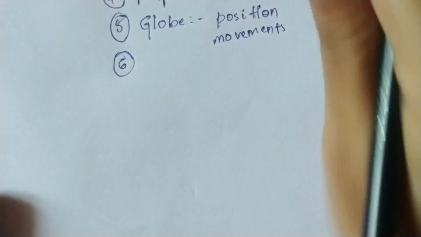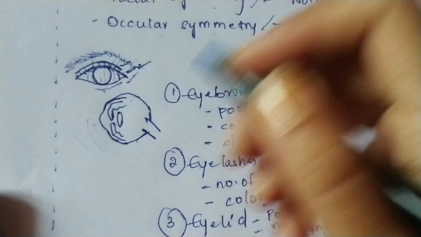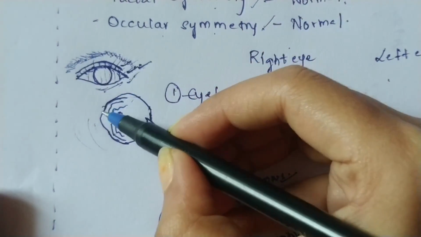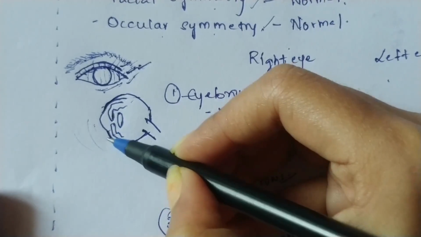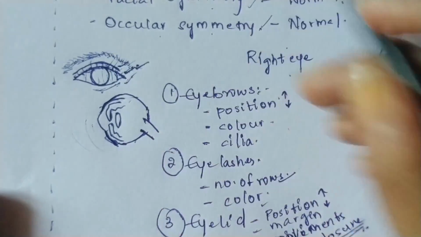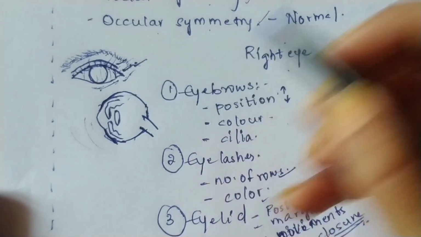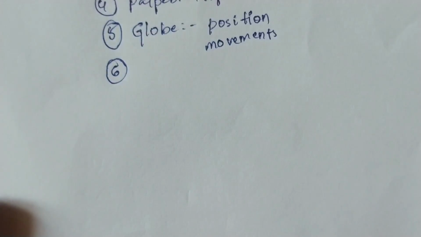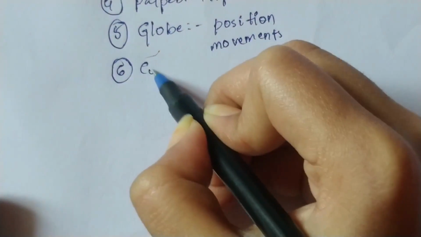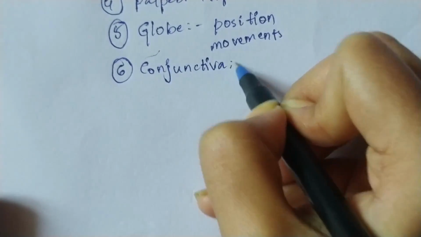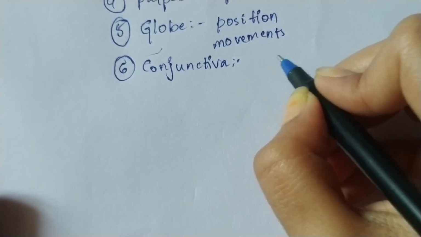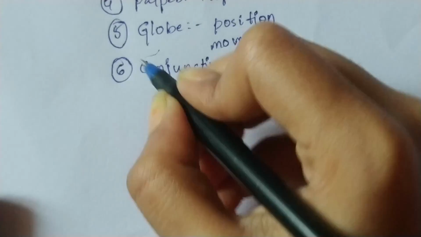And next one is conjunctiva, that is covering this sclera, and eyelids also. Inner surface of eyelids and sclera will be covered by conjunctiva. So we will write conjunctiva. You have to see if it is normal or not.